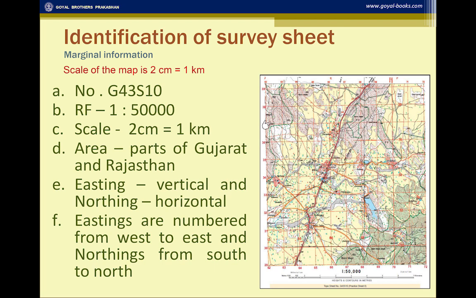Mostly the parts are dry, and you can see in general the streams are shown in black, which shows the area gets seasonal rainfall. The RF of the survey sheet, that is 1:50,000, shows that 1 centimeter on the map or 1 inch on the map shows 50,000 inches or centimeters on the ground.